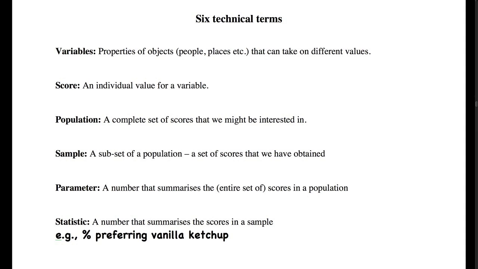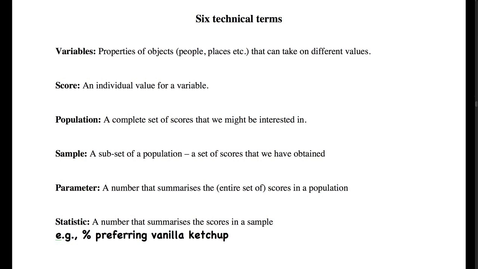We might be interested in the percentage preferring vanilla ketchup in our entire population of scores. And if we were able to get that, well, that would be our parameter value. Now, typically that's not practical. So we use the statistic as a guide to the parameter.